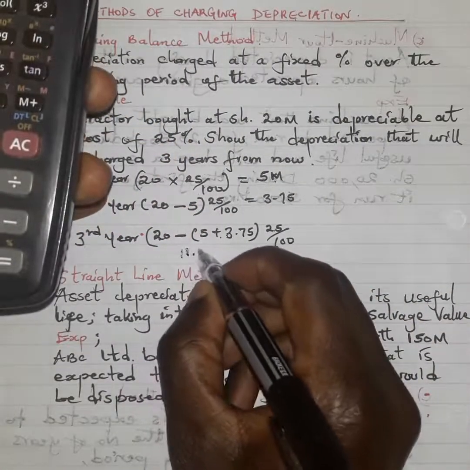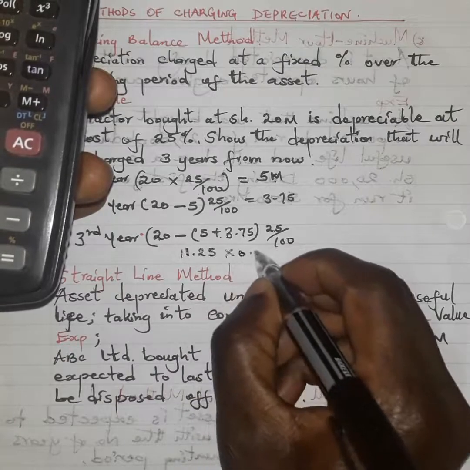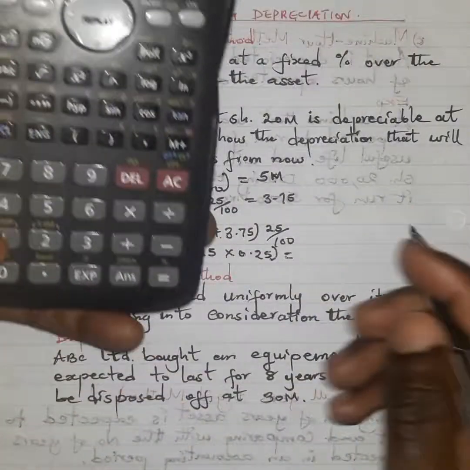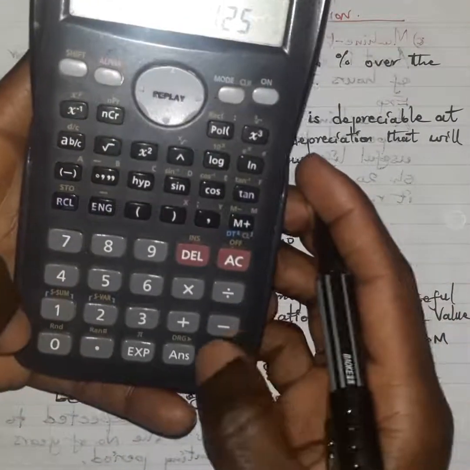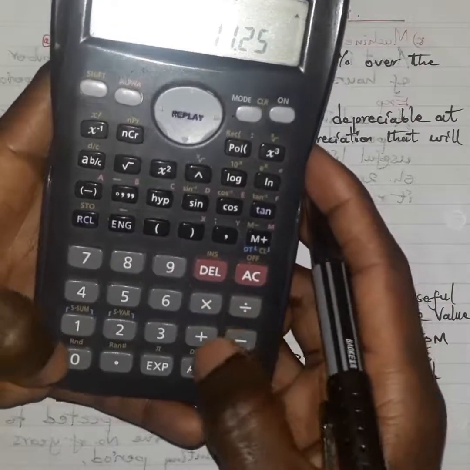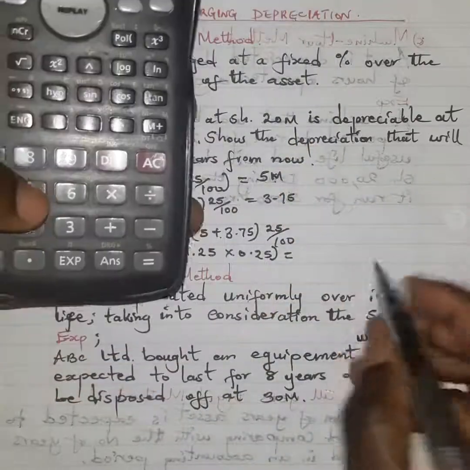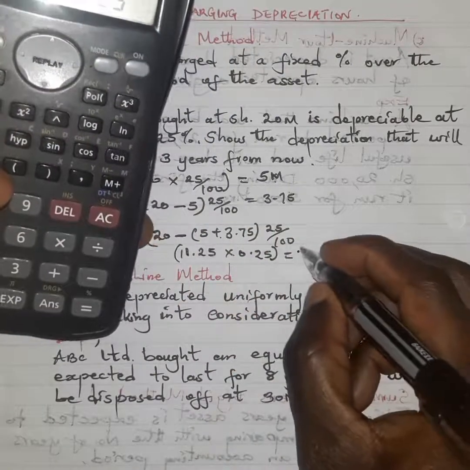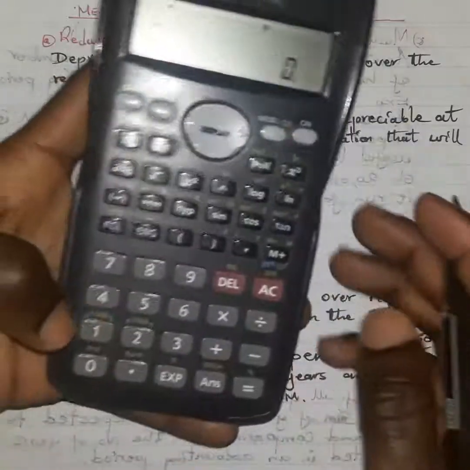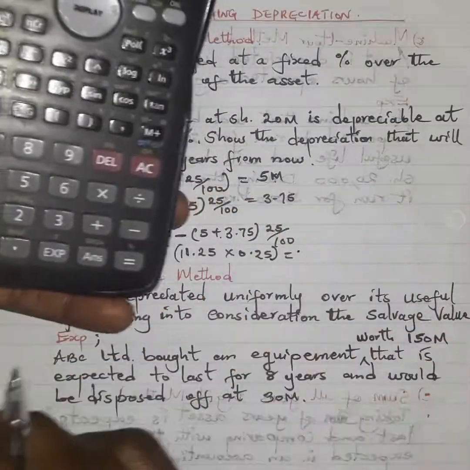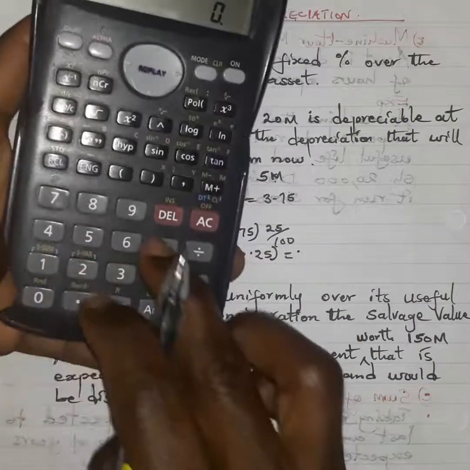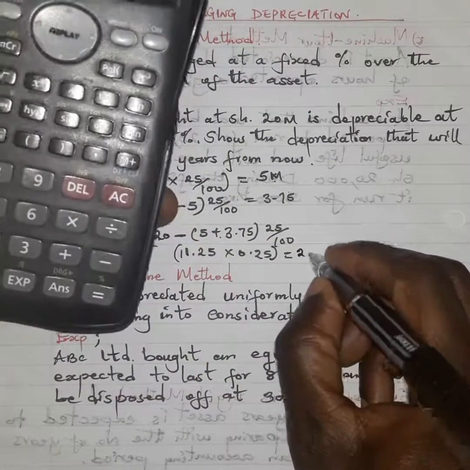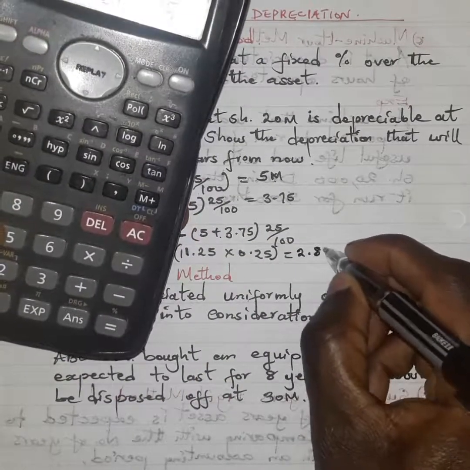So we charge 11.25 times 0.25, and we get a value of 2.8125.